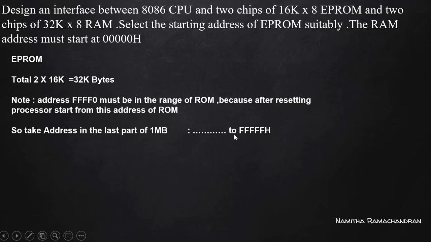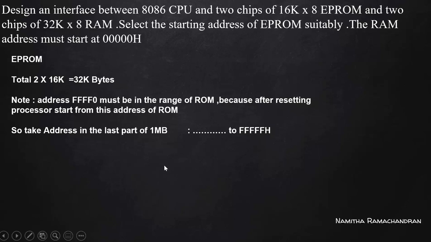Then we can allot different address space in the backward direction in case of ROM, in order to include this particular address in our ROM space. So it is clear that this particular address is our ROM space's last byte address.